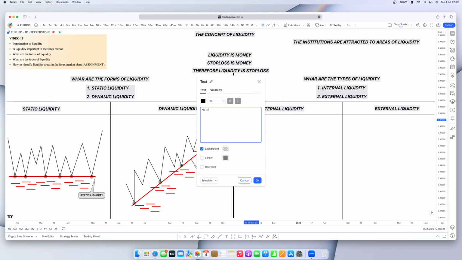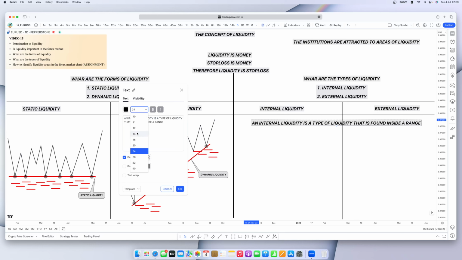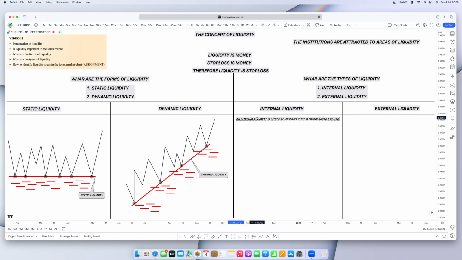So an internal liquidity is a type of liquidity that is found inside a range.